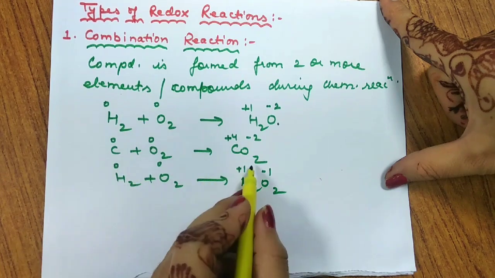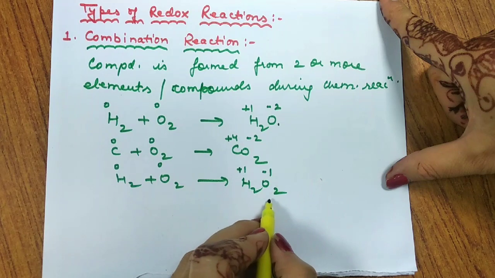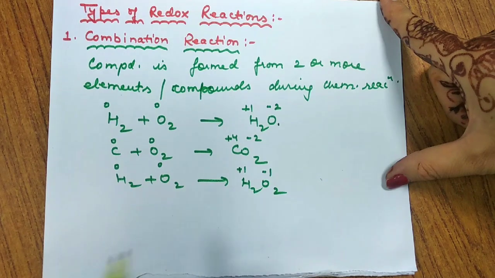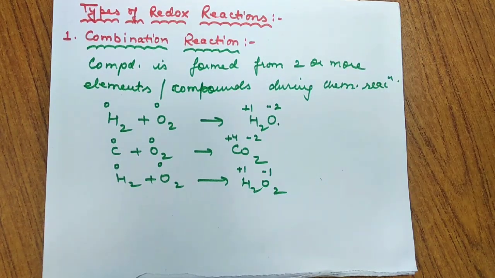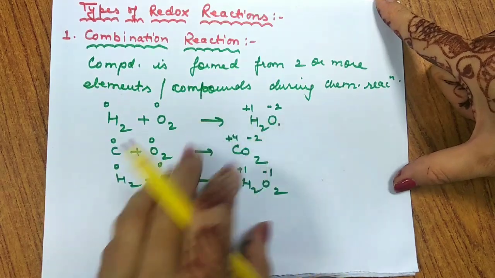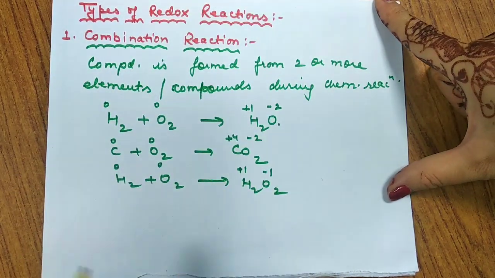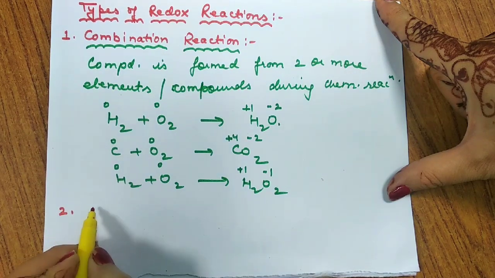So again, hydrogen shows an increase in oxidation number, whereas oxygen shows a decrease, from 0 to -1. So these are certain examples. Basically, a combination reaction is when some elements or compounds combine together to form a single compound.